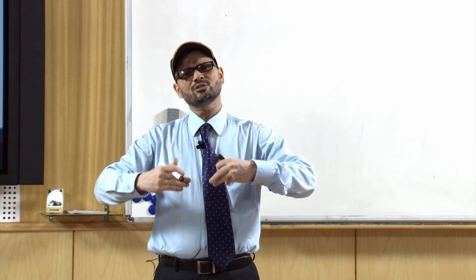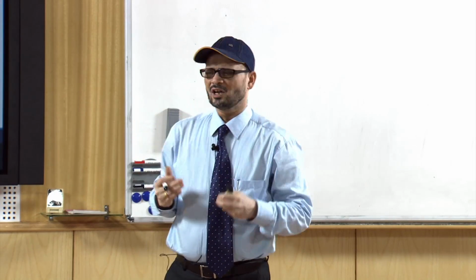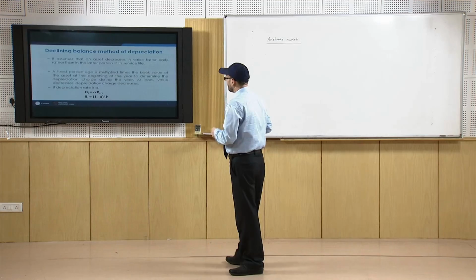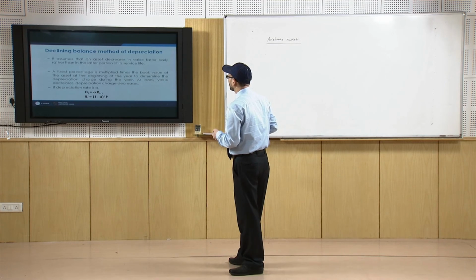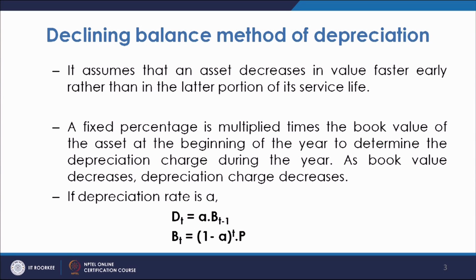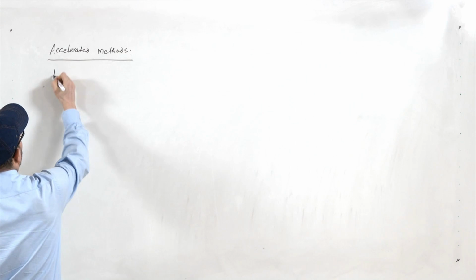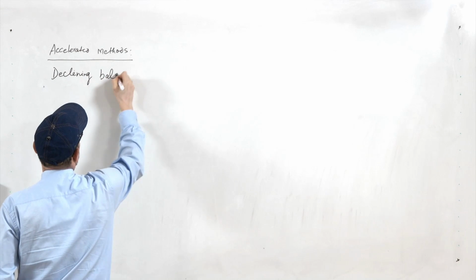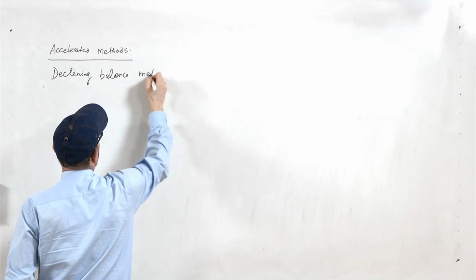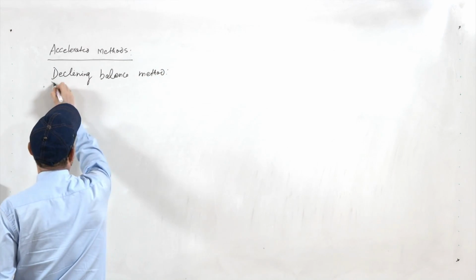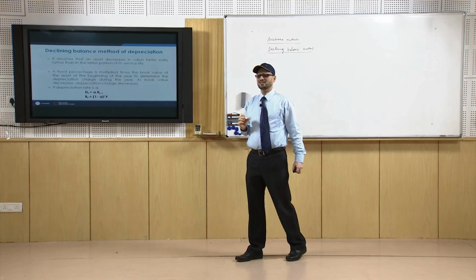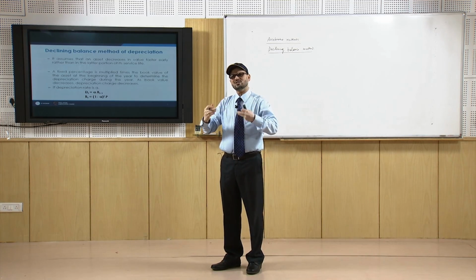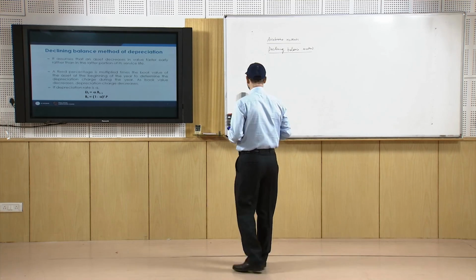Since book value decreases as time progresses, the amount of depreciation also decreases. This is known as the declining balance method.